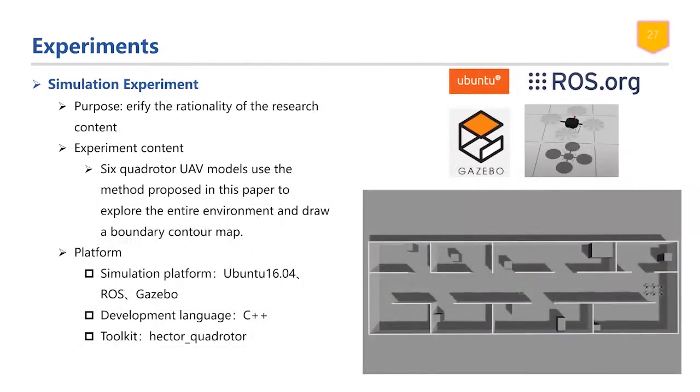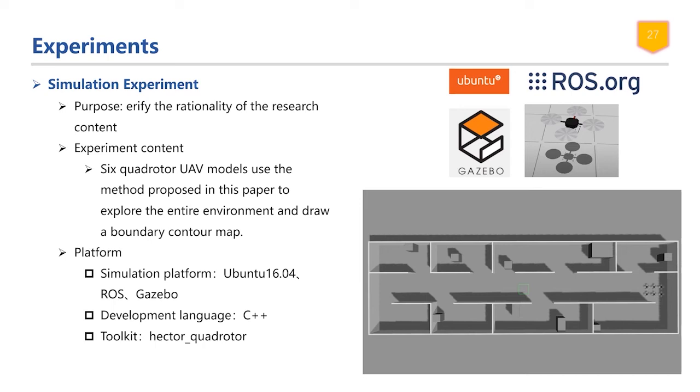Next is the simulation experiment. The purpose of the simulation experiment is to verify the rationality of the method of cooperative exploring for multi-UAV in an unknown indoor environment based on dynamic target tracking.